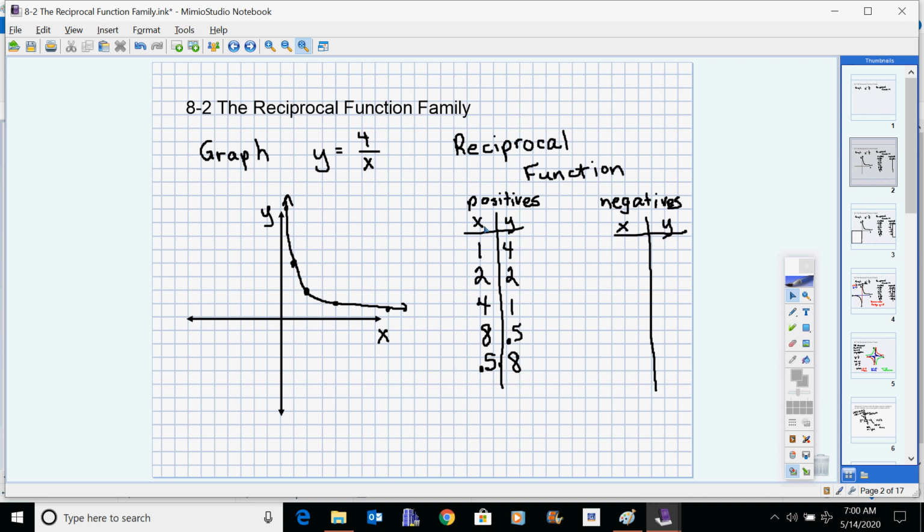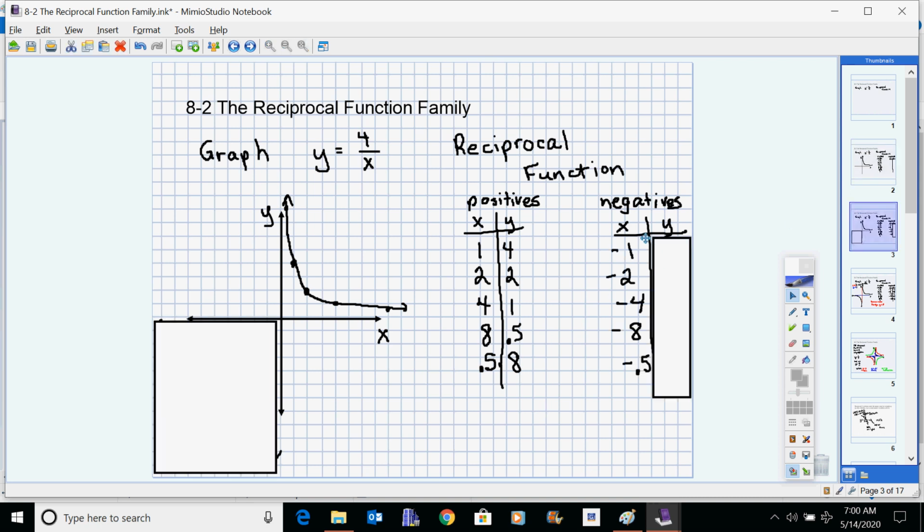Now, if we stop with just the positives, we don't have a good picture of what the entire graph looks like. So we've got to take a look at the negatives as well. So in our negatives, if we do the same thing with -1, really the only thing that happens when you're plugging in a negative instead of a positive is you get the same answers, but with a negative in front in this case.